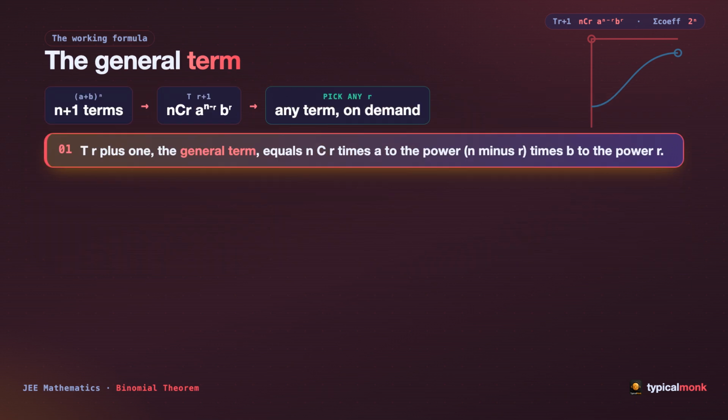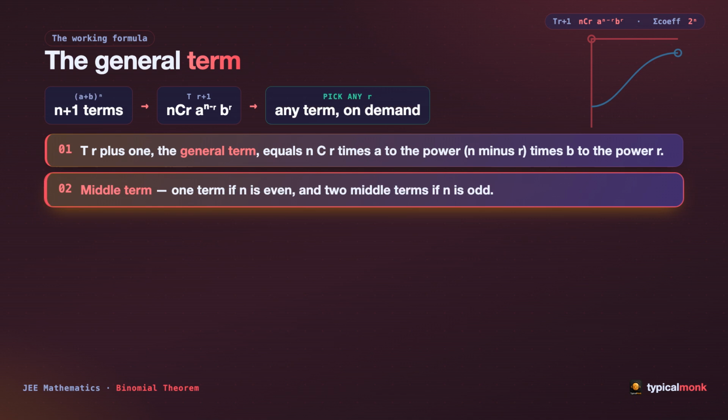Now, we replace the whole triangle with one formula. The general term, spoken as T(r+1), equals nCr times a^(n minus r) times b^r. Lisa's shortcut: write the coefficient first, then let the power of a fall as r climbs, while the power of b climbs to match. Second, the middle term.